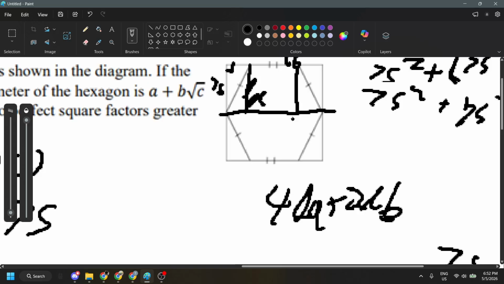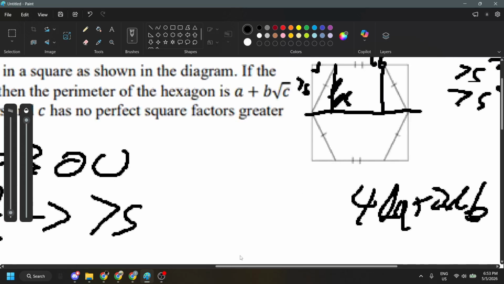Can we say that this is 1/2 the height? Is that sayable? I'm going to say so.